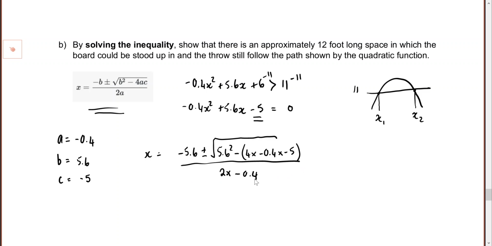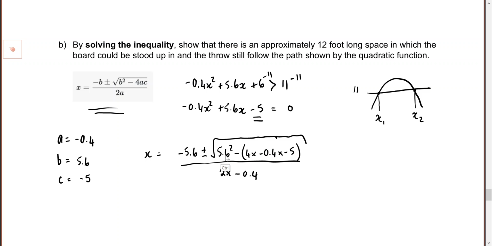Is there going to be any issue considering the discriminant here with solving this? Well, there's a negative here, and the negative makes the whole set of brackets a positive, and then we've got this minus a positive.